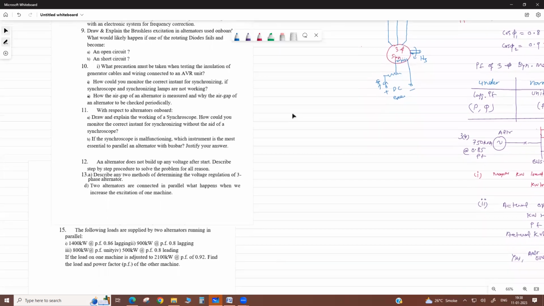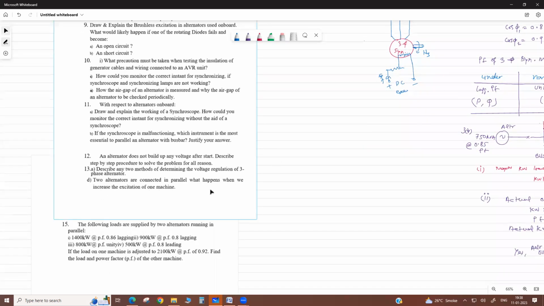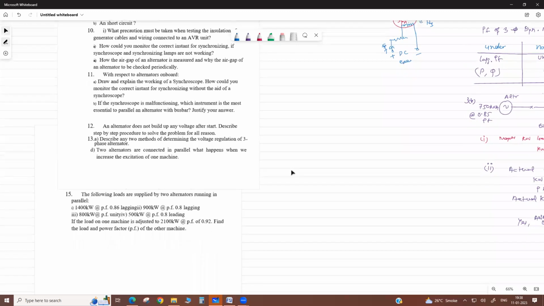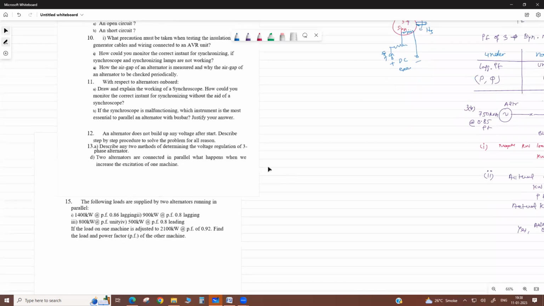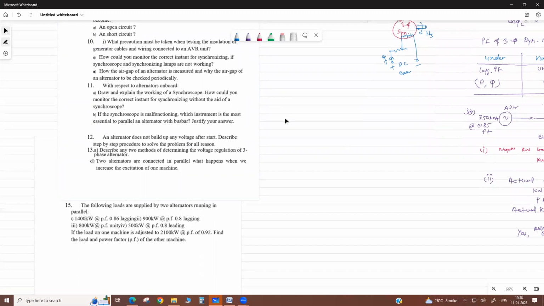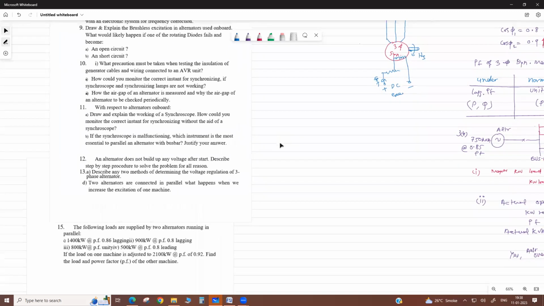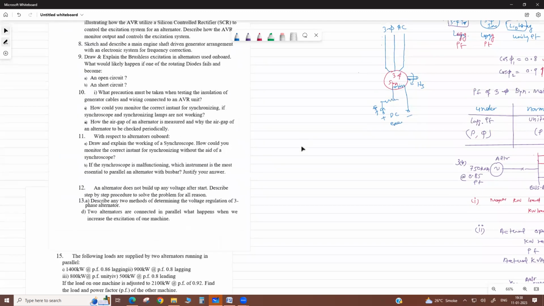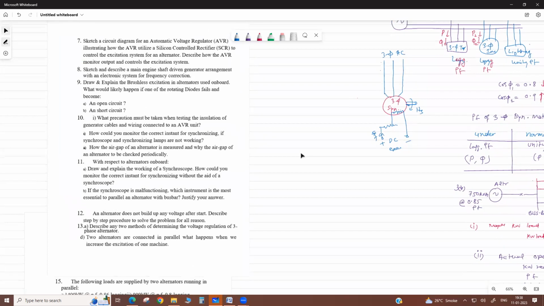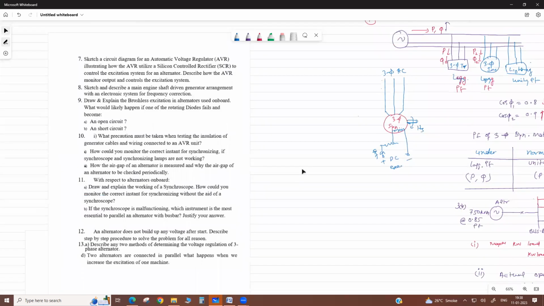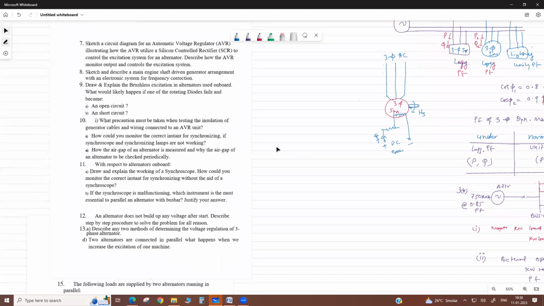If means why incoming generator frequency is higher than the bus bar frequency, means before we connect to the bus bar, we maintain a high frequency.